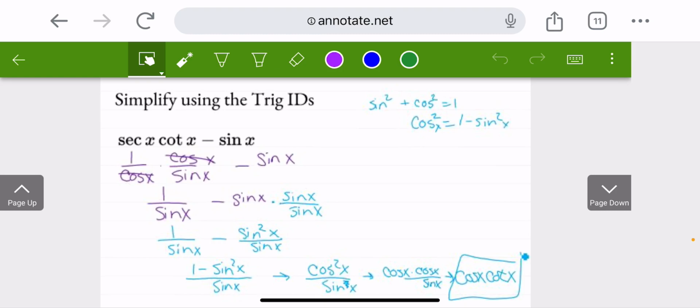The sine on the bottom became part of the cotangent. Because cosine squared is cosine times cosine. That's what it means to be squared. And I can chunk this out. Since they're being multiplied, this is just cotangent. Since they're being multiplied, we can do that.